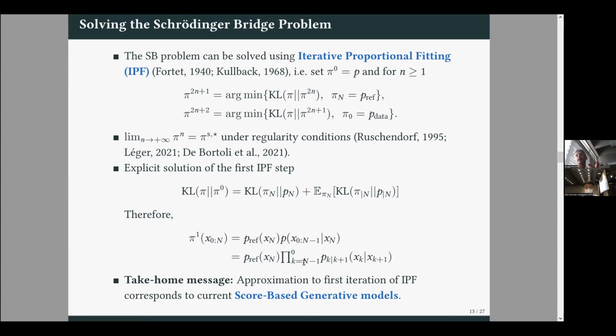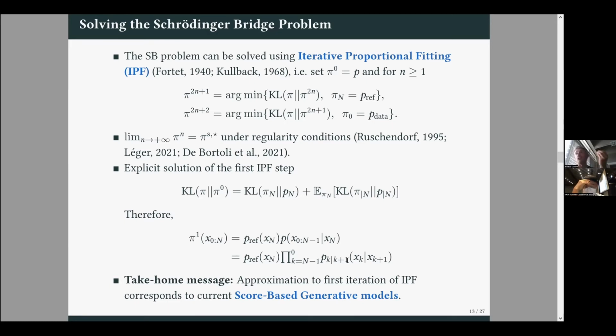But if you look at that, this is what we are doing in the standard score-based generative model. We are approximating this distribution. So the take-home message is that what people currently do when they do denoising diffusion models, you can think of alternatively as running the first iteration of iterative proportional fitting.